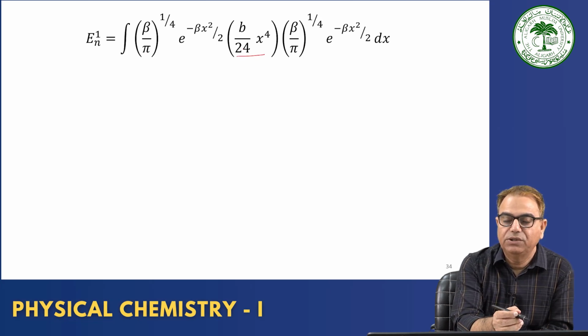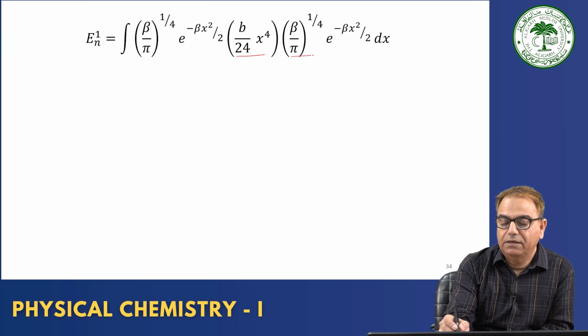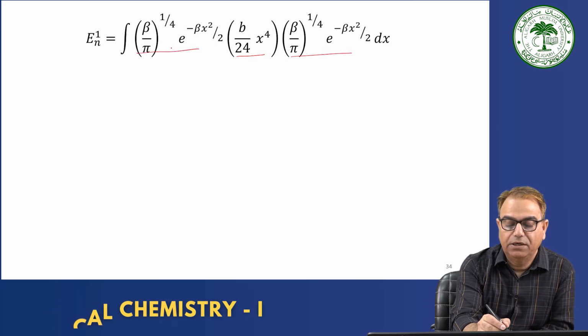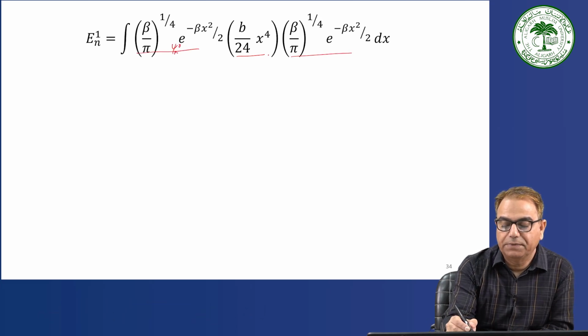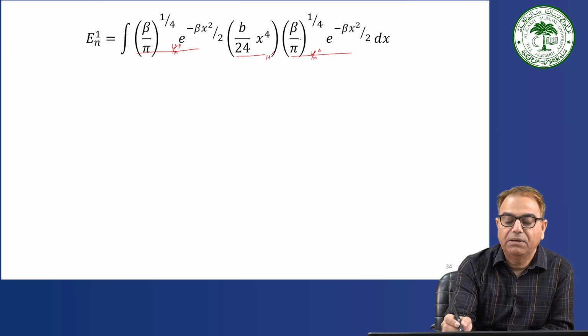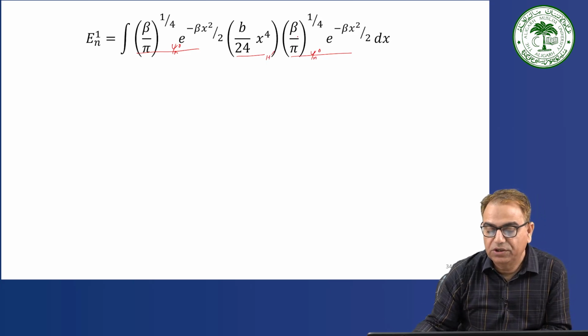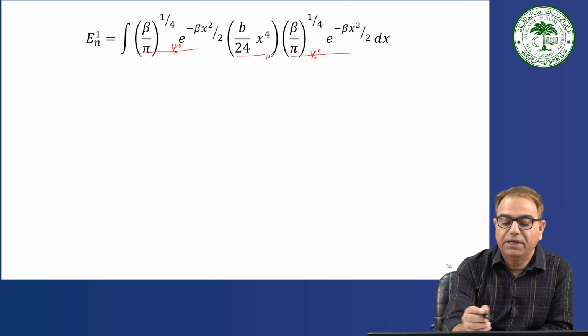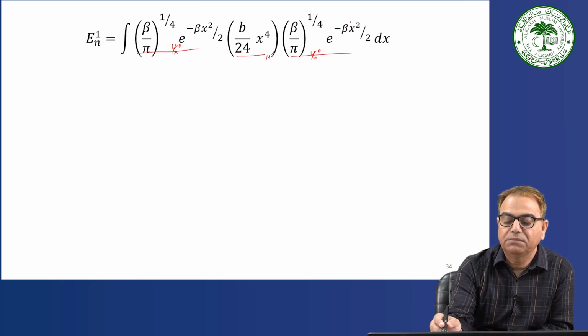because one of the perturbation terms will give you zero integral, and another psi n naught. So three parts are there: psi n naught, h prime, and psi n naught. Beta by pi you can bring outside. So it will be exponential minus beta x square divided by 2, exponential minus beta x square divided by 2.